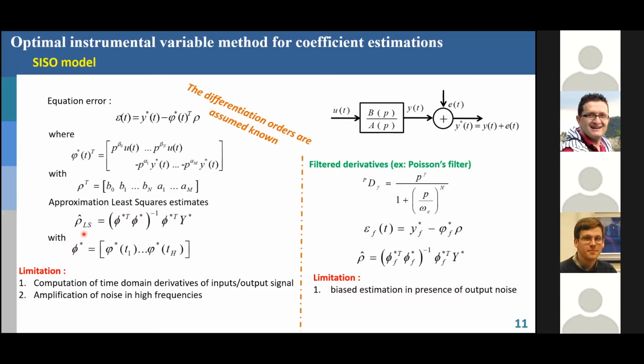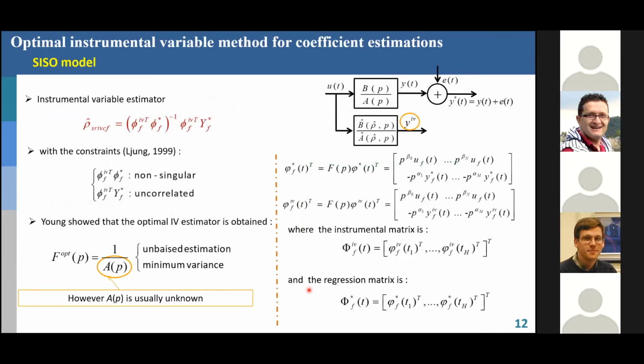Unfortunately, here we have two limitations: first, the computation of the time domain derivative of the input and output signals; second, the amplification of noise at high frequency. Hence, we try to derive the input and output signals with Poisson filters. Unfortunately, here also we have a limitation: the estimation is biased in the presence of output noise.